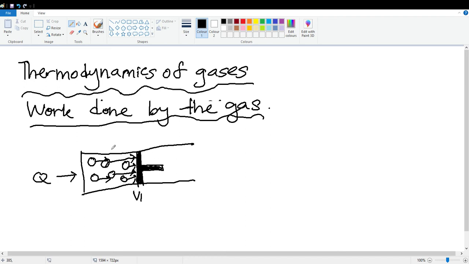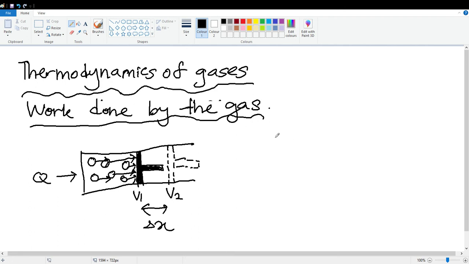As the gas molecules keep colliding with the wall of the piston, the wall will eventually move to V2. From here we can see that there is a change in displacement after the collision between the wall and the gas.